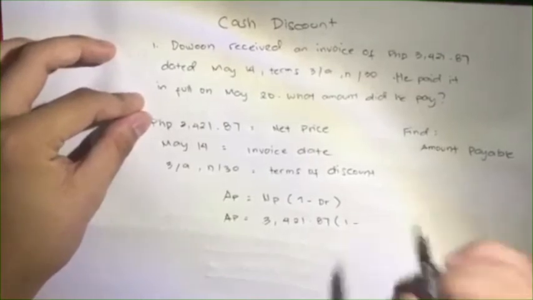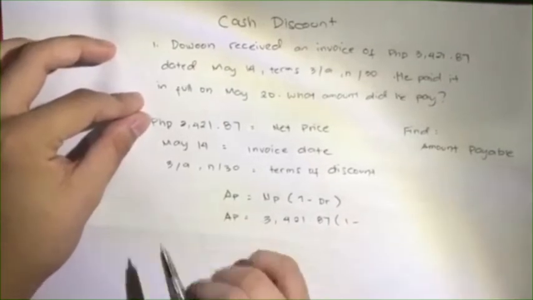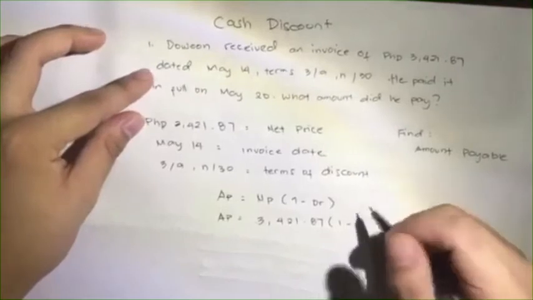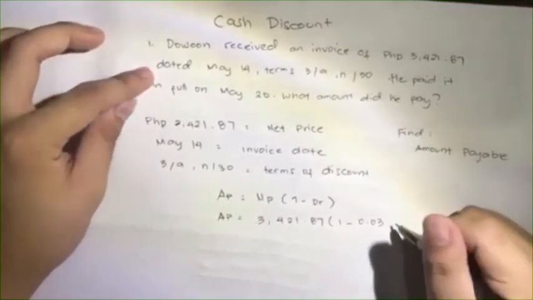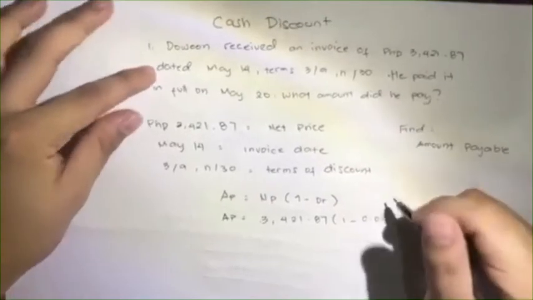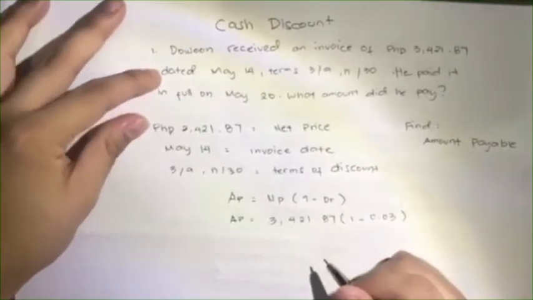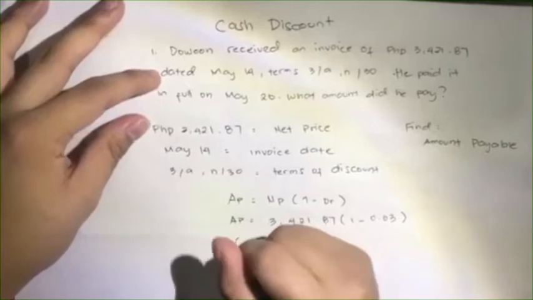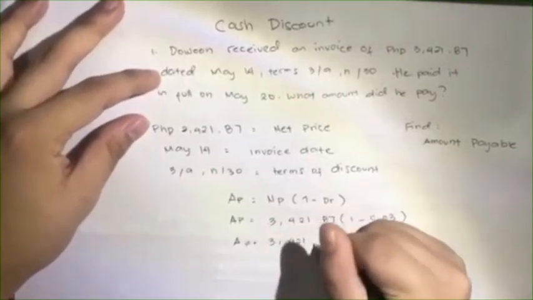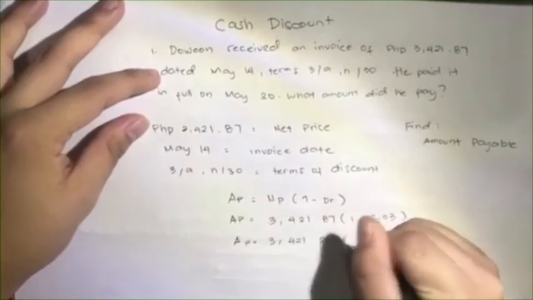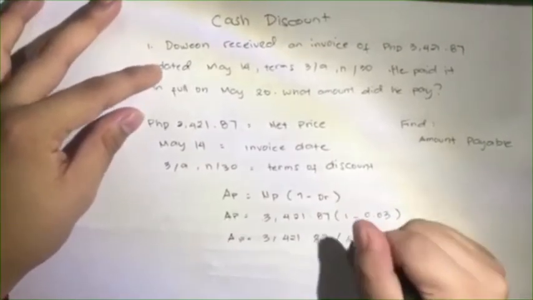So, may 3% discount siya. Para ipasok natin siya, gawin natin siyang decimal para ma-solve natin. So, 0.03, move lang natin ng 2 steps backward. And, solve lang natin to. 3,421.87 times 1 minus 0.03, 0.97.